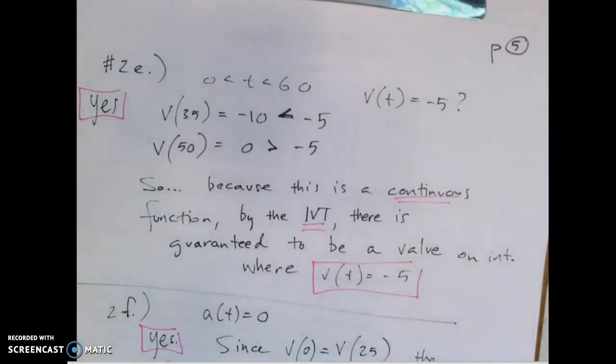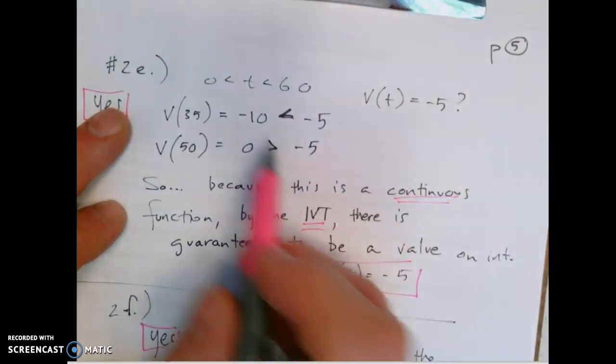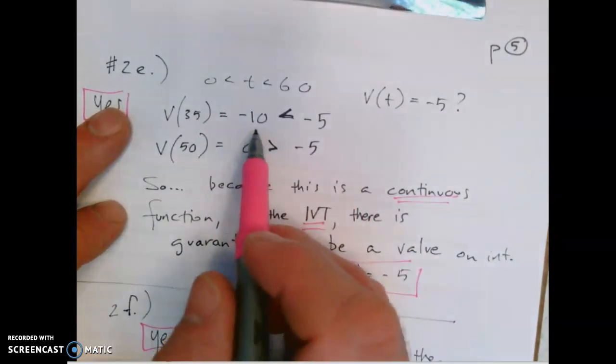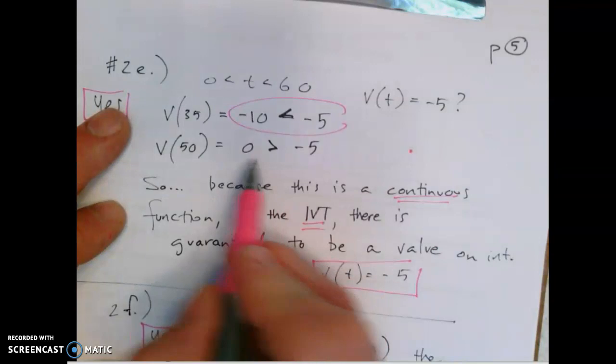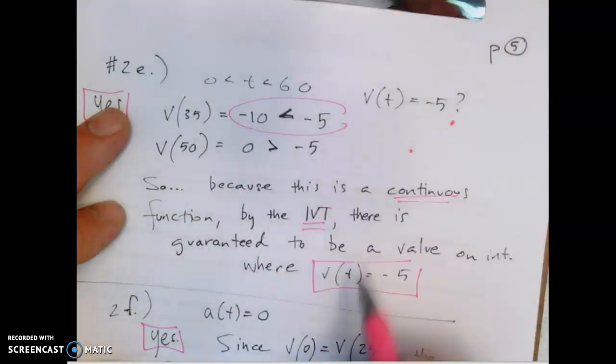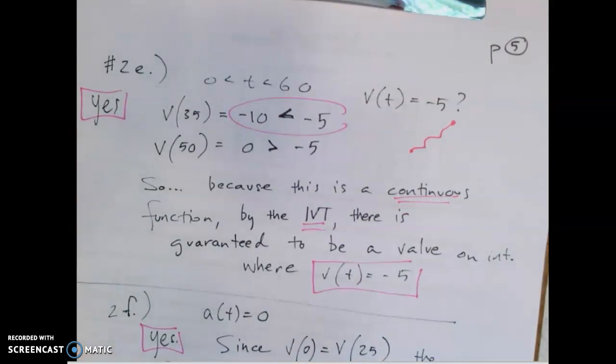Okay, I made a mistake here that I hope you don't make. Part E is, for 0 to 60, must there be a time when v of t is equal to negative 5? I spent all this time, 0 here, and v of t is negative 5, and then v of 35 is negative 10, which is less than negative 5, so it's down here. And v of 50 is 0, which is above negative 5, which means if I'm connecting these 2 points, they have to cross over negative 5.